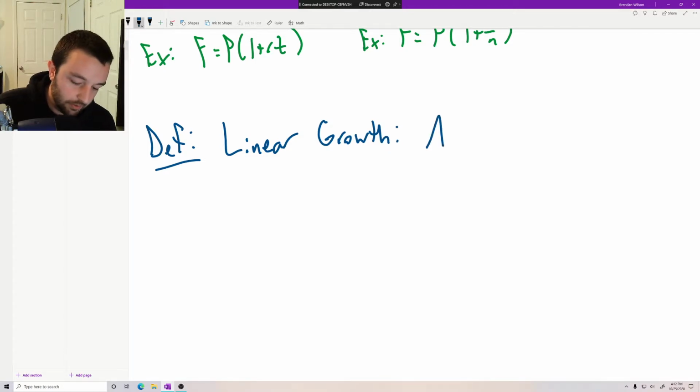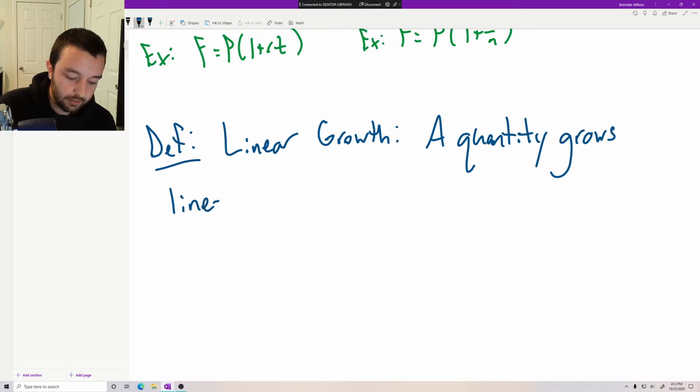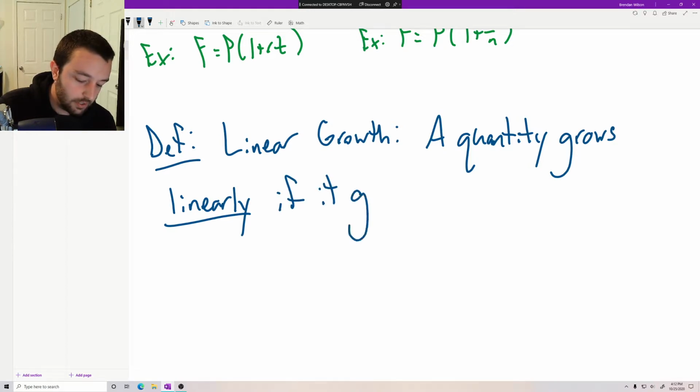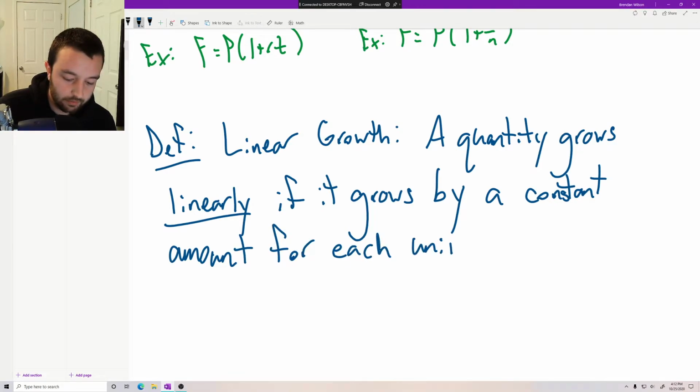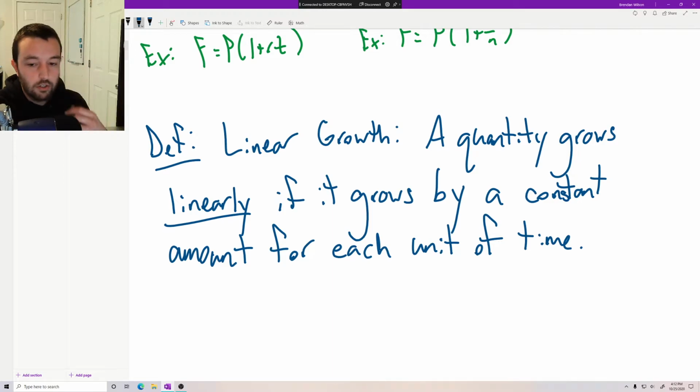All right, linear growth, we say a quantity grows linearly if it grows by a constant amount for each unit of time. Okay. So it's growing by a constant amount for each unit of time.